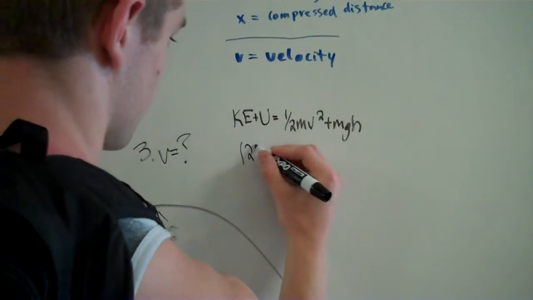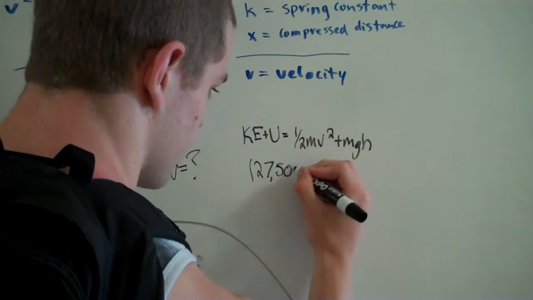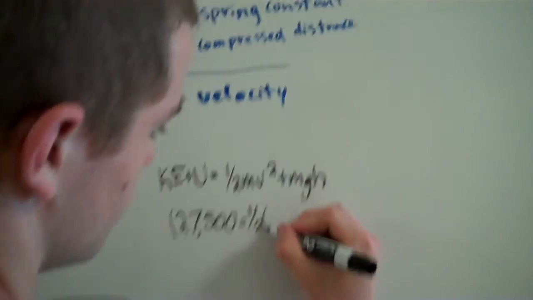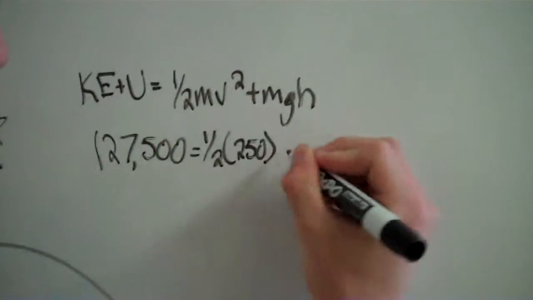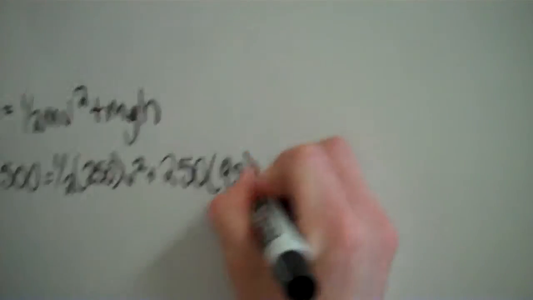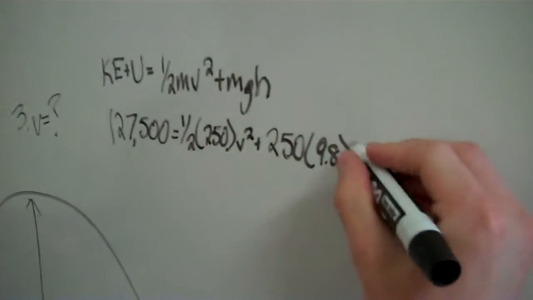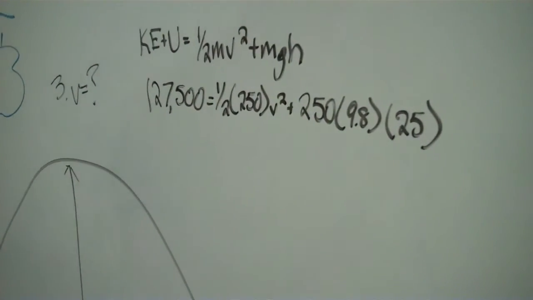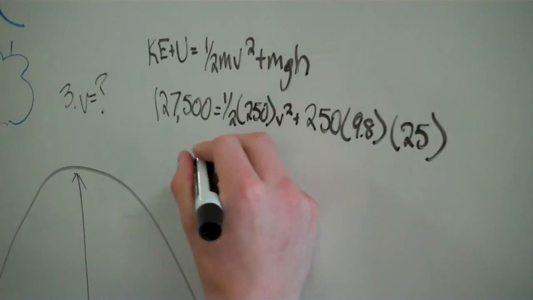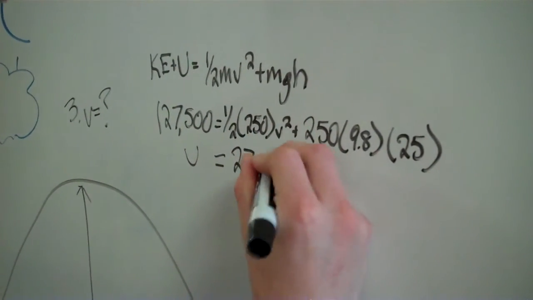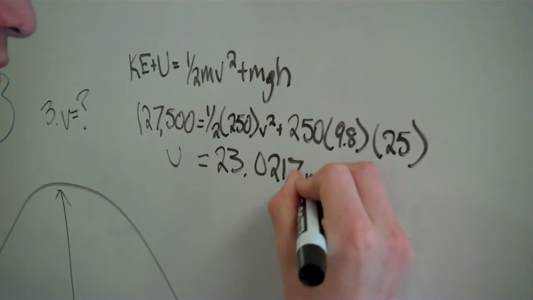So you have 127,500 as your total amount of energy. Your mass is still 250. Your velocity is what you're solving for. And your height is 25 meters at this point. Alright, and after solving for this, your velocity here is going to come out to be 23.0217 meters per second.